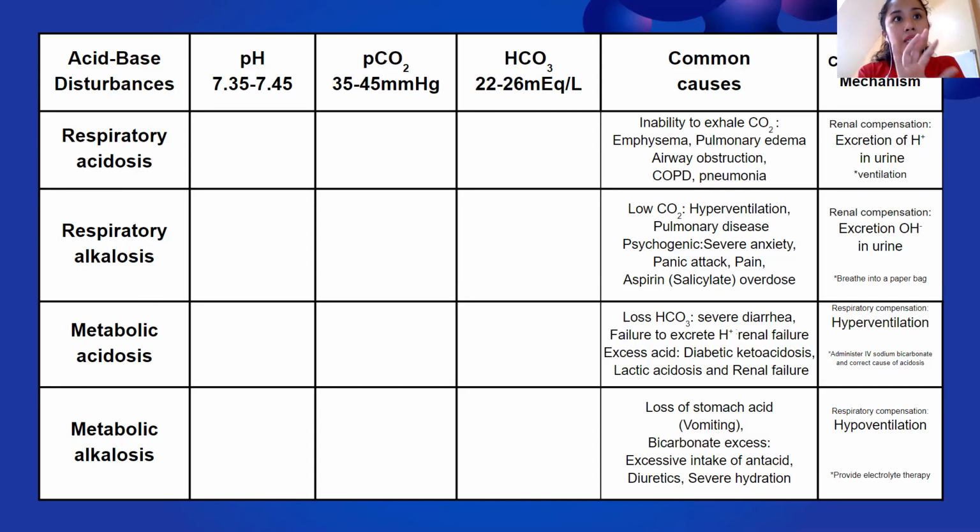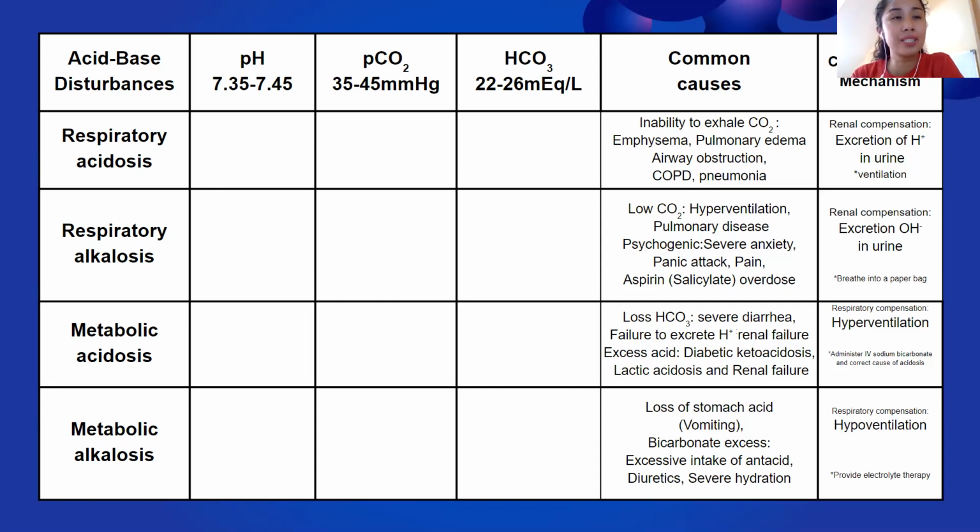So pag sinabi nating respiratory acidosis and respiratory alkalosis, ang may mali dito ay around the lungs area, with how the lungs regulate carbon dioxide. And when we talk about metabolic acidosis and metabolic alkalosis, there's something wrong with how the kidneys manage your hydrogen ion. Basic, simple, tama.